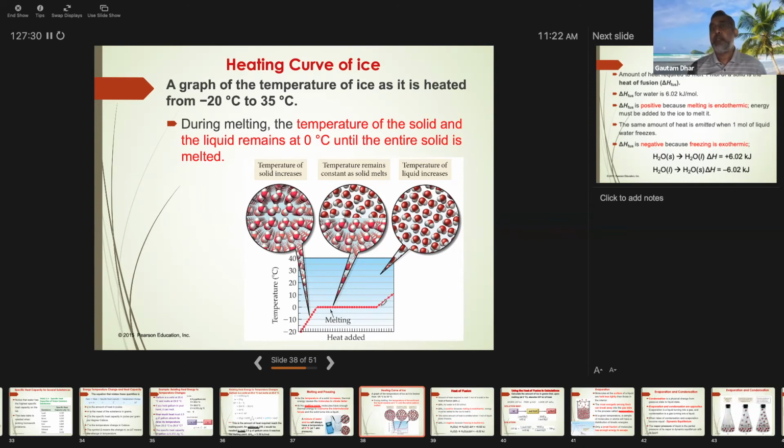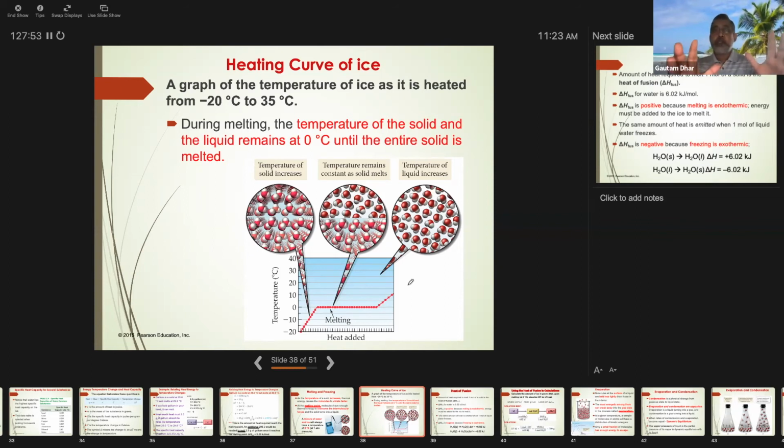And then when all the ice has melted, everything is water now at this point. And the temperature will start rising and can go all the way up to 100 degrees centigrade when it will start to boil. When it starts to boil, again, the temperature will become constant.